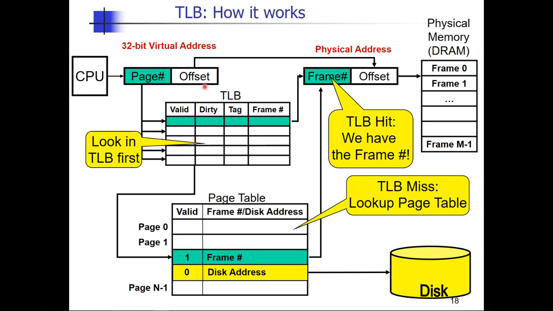If we do not have the information in the TLB, which means we have a TLB miss, in that case we are going to have to look at the page table, which means we have 1 memory access, and we could have the frame number readily available, or in the absolute worst case scenario, we would need to go to the disk address if the valid bit was 0. That would be the page fault, in which we would need to use the swap space to replace a frame from the dynamic RAM.